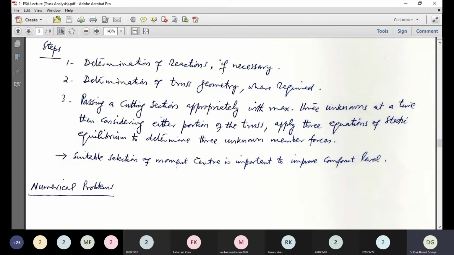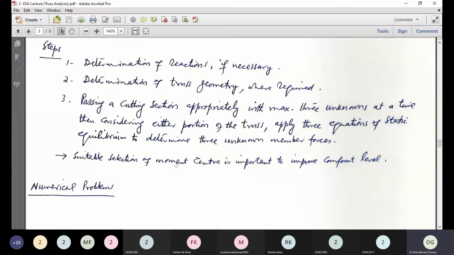Now, what does an appropriate section mean? An appropriate section means either it should be vertical or it should be a little inclined, which cuts the truss into two entire portions, left portion and right portion. This cutting section cannot be in the horizontal direction, because that would never be an appropriate section.